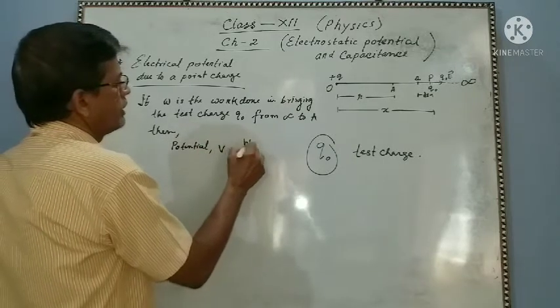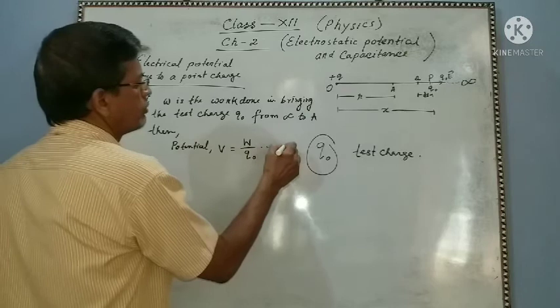V equal to W by Q0. This is equation number 1.